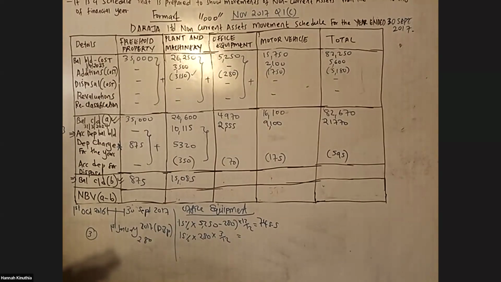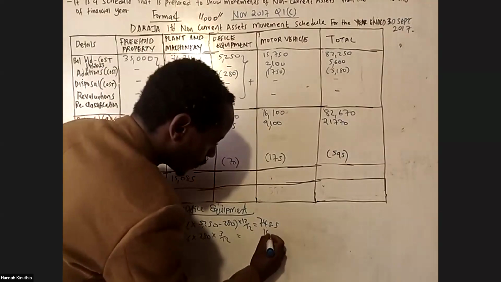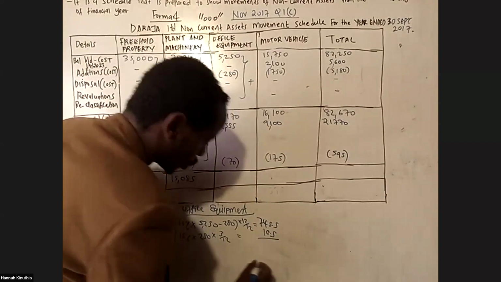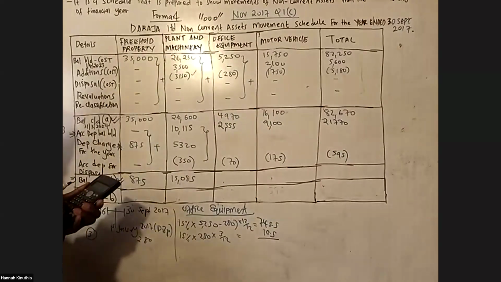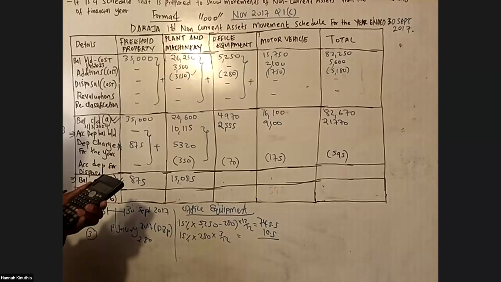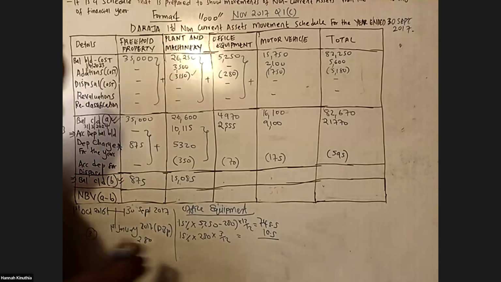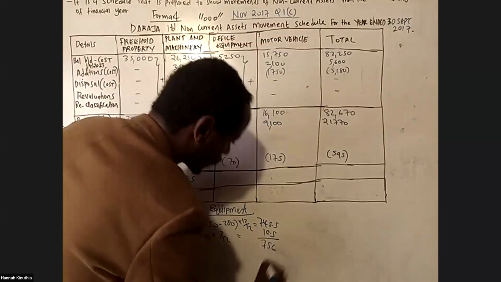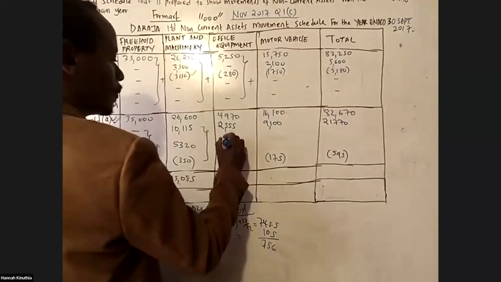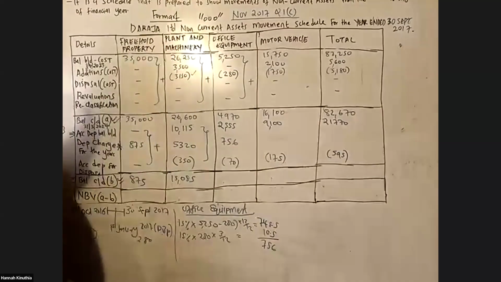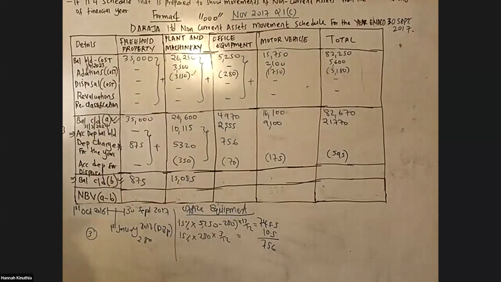October, November, December. So it will be 10.5. What is the total depreciation for the year? 745.5 plus 10.5. So 756.